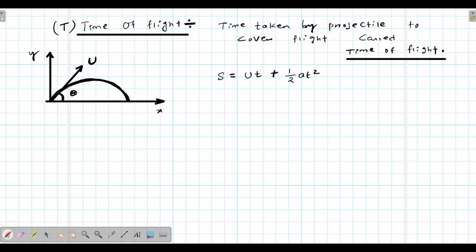y equals uy t plus half ay into t square. Here y equals 0. uy equals u sin theta.